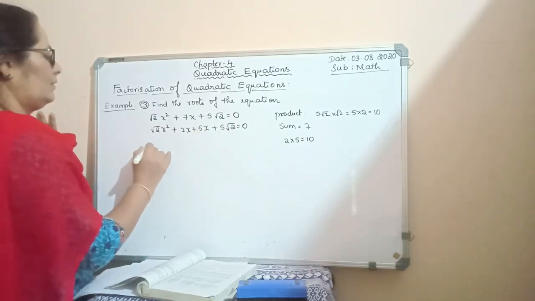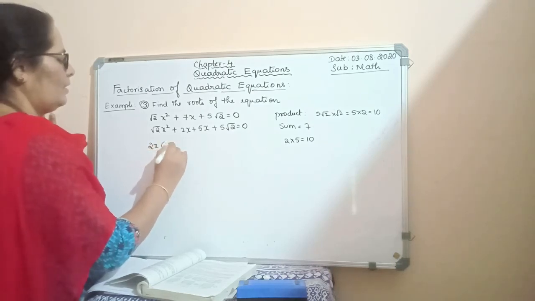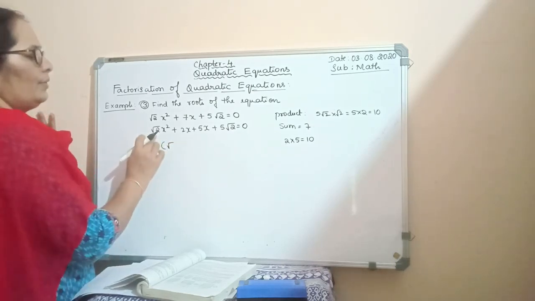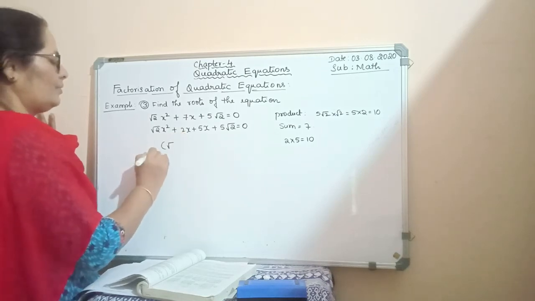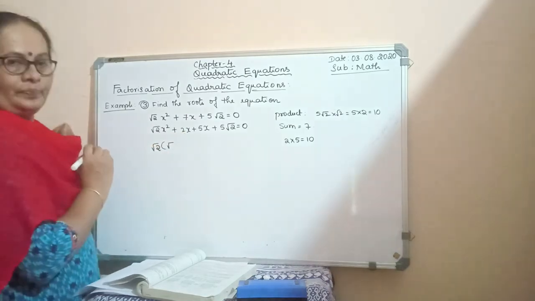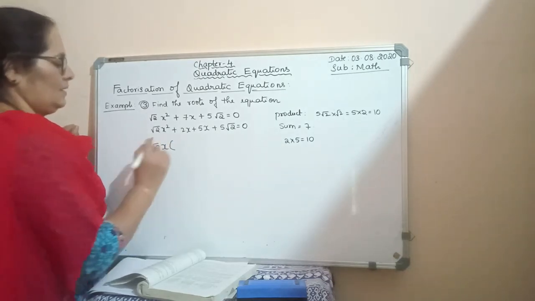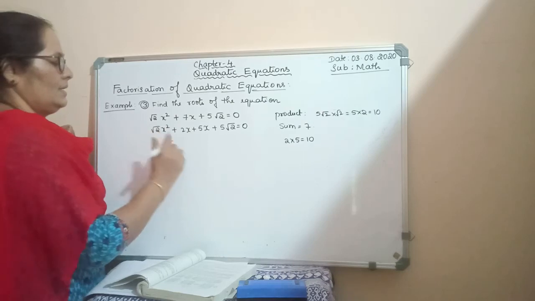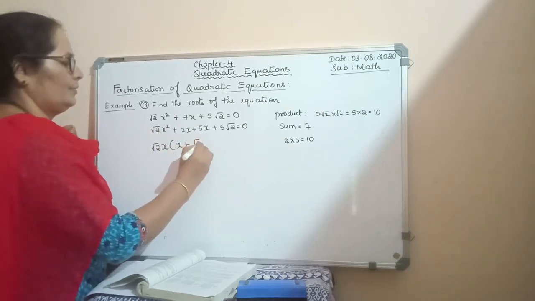Now we take root 2x as common here, then we get x plus root 2.